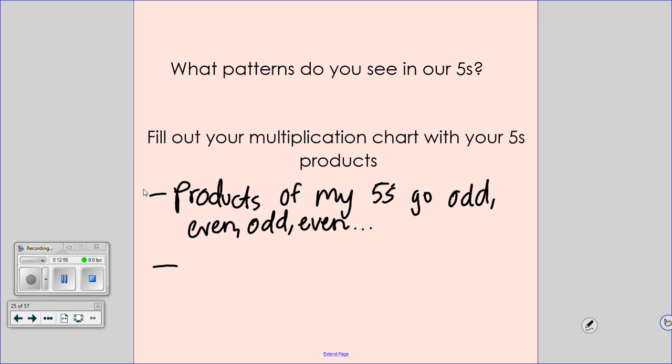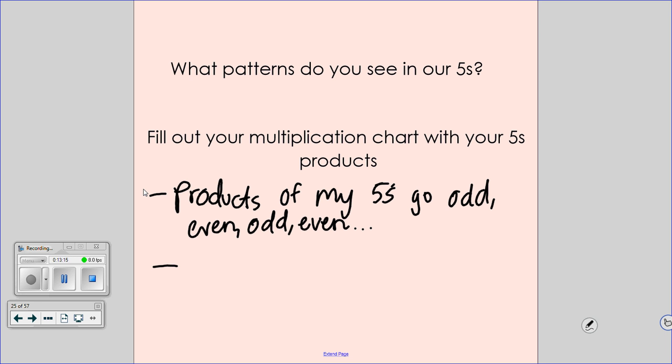Okay. Gabriella, what did you notice? I noticed that it's also counting by 10s, and if you go down the 5s column, they all end with 5. Yep, that's because it's in the hundreds chart, though, not necessarily because of our 5s.